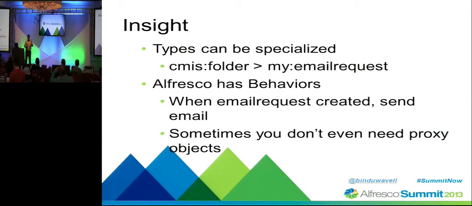And the way that works is we have a UI in Workdesk where you select documents. You fill out a form for who the recipient is and the subject and the body of the email. And we actually create an object in Alfresco called an email request that has all of that data in it. And then a behavior picks that up and actually sends the email on their behalf using the email capabilities built into the Alfresco server.